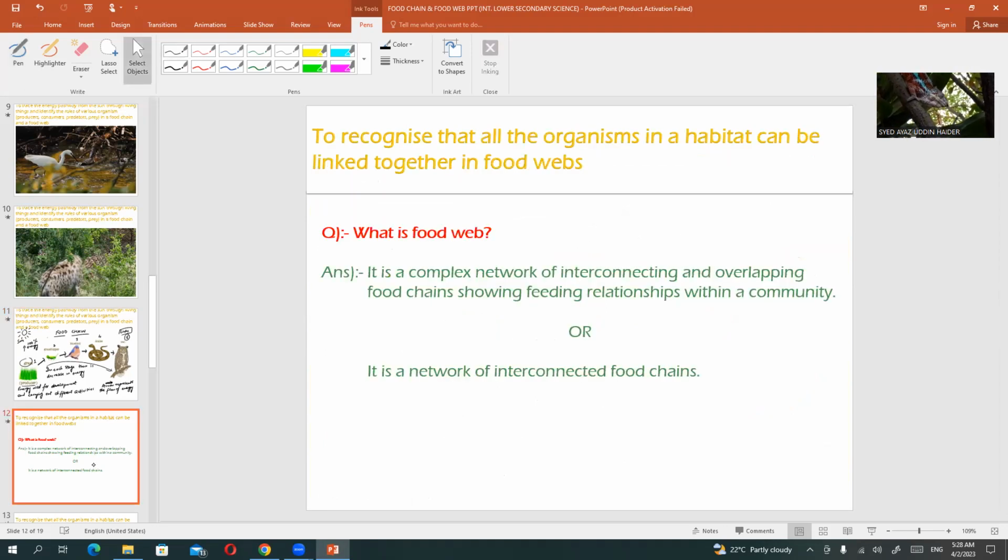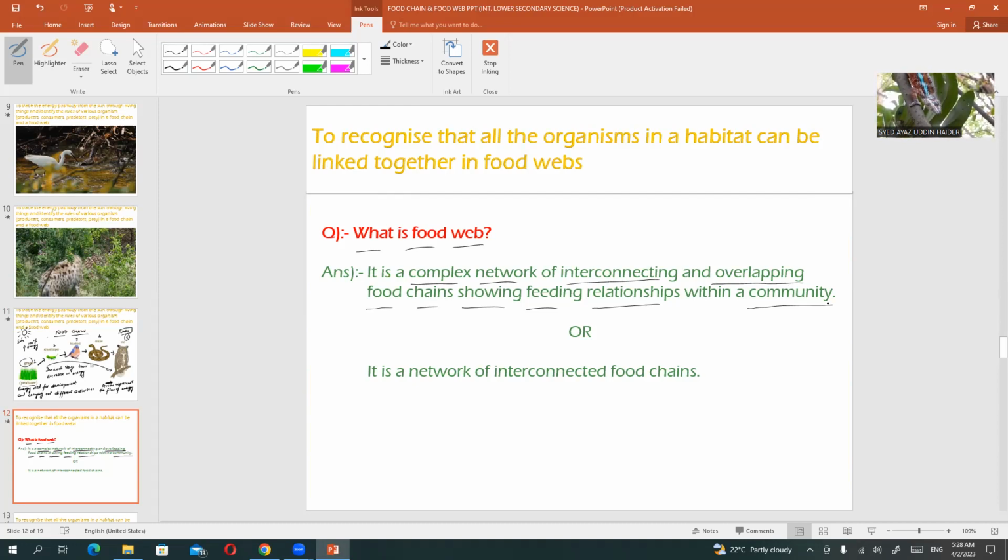Now let's talk about food web. What is food web? It's a complex network of interconnecting and overlapping food chains showing feeding relationships within a community. You see, different organisms living in the same habitat make up a community.